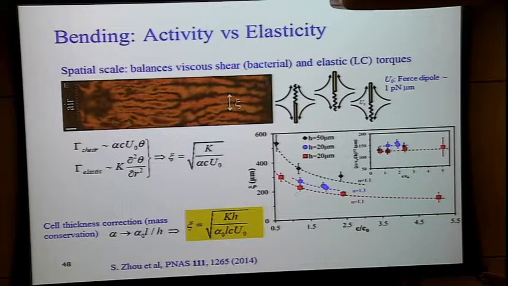And it turns out that if you change the concentrations and the thickness of the cell, you find that this very simple expression describes the balance of elasticity and activity relatively well.